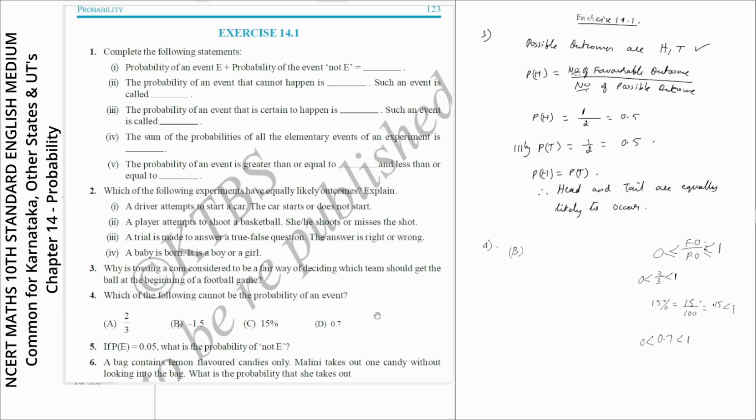But what about minus 1.5? See, probability of an event can't be negative. That's why B is the answer for this question. Probability of an event is always positive and varies from 0 to 1.